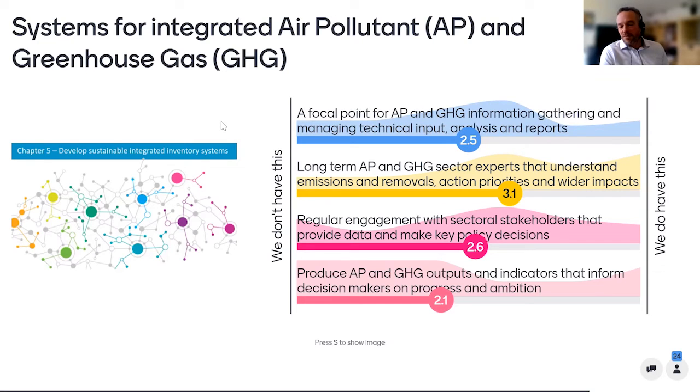They could be coming from policymaking backgrounds or from the operating sectors themselves. We need regular engagement with stakeholders so that they can provide the data or that they use the outputs of the system, make it valuable, keep it going. And of course, we need to actually understand what outputs we're contributing to, what reports, what indicators, what government briefings this system that's preparing this information is producing.